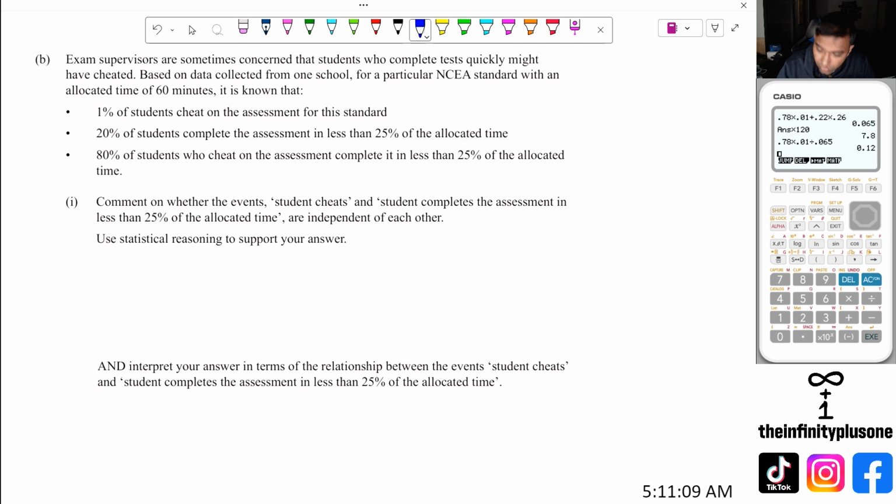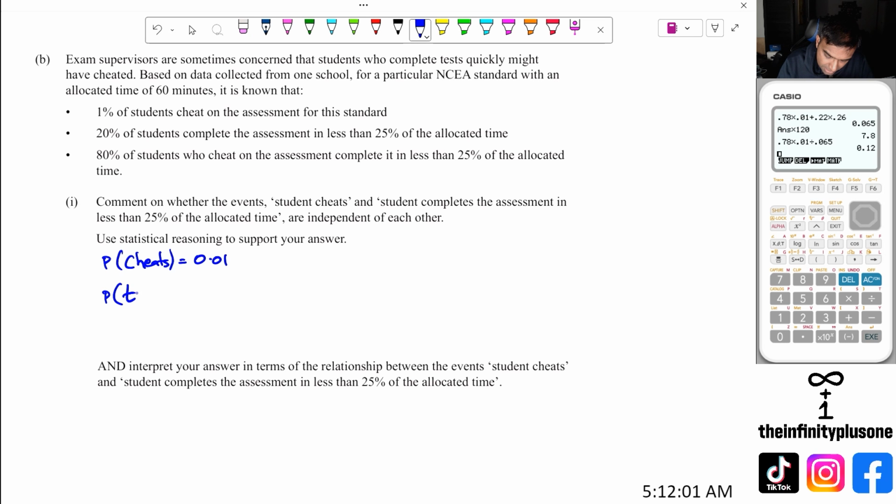All right, so let's actually write some of these probabilities down. We're trying to figure out whether they're independent of each other. So the probability of cheating itself, probability of cheats, is 0.01, so that's the first bullet point. The second bullet point is that 20% complete the assessment in less than 25% of the allocated time.